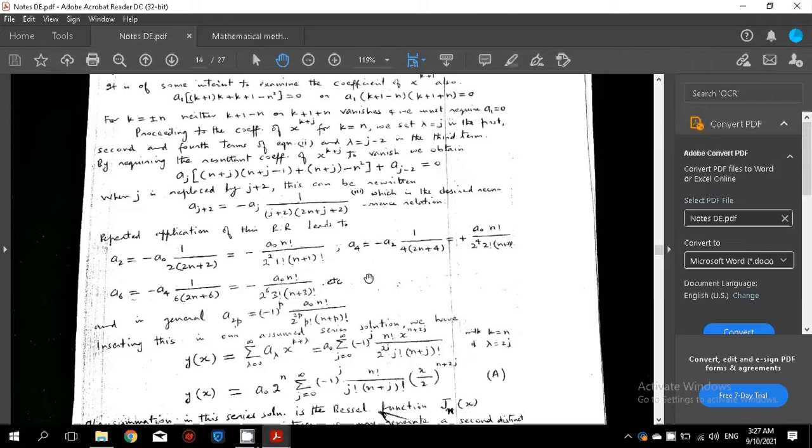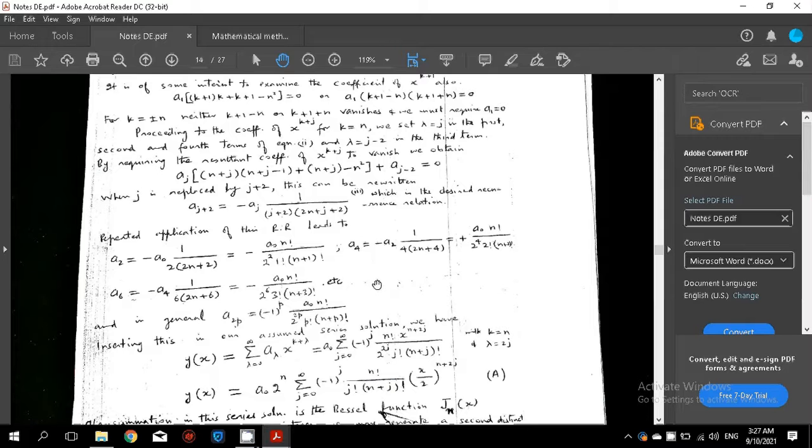If you put y2 equal to some constant multiplied with y1, that will also serve as a solution of the differential equation because this differential equation is homogeneous.